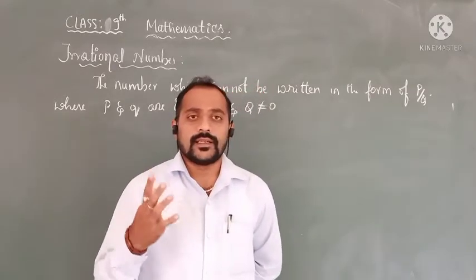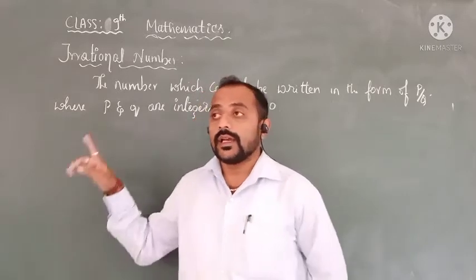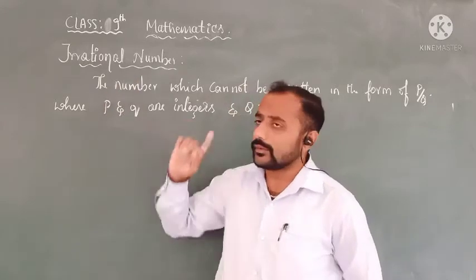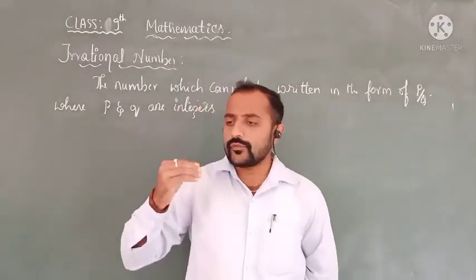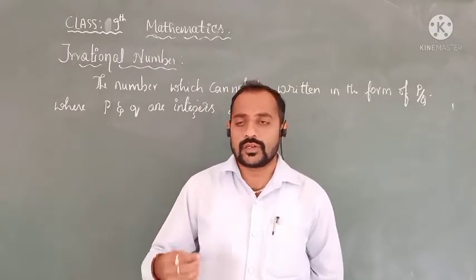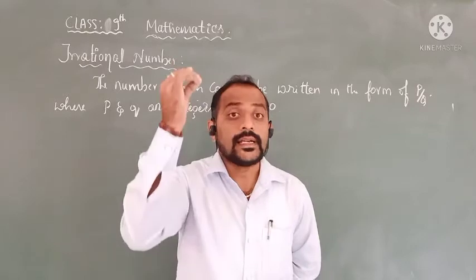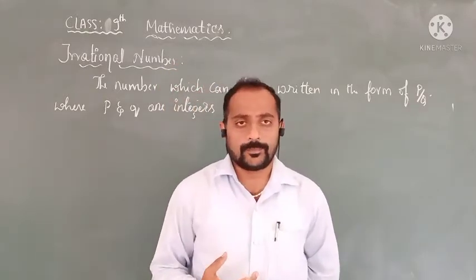Another important category is the irrational number. So then what is this irrational number? Before we start with the irrational number, let us try to recall what exactly a rational number is. What is the definition of a rational number?